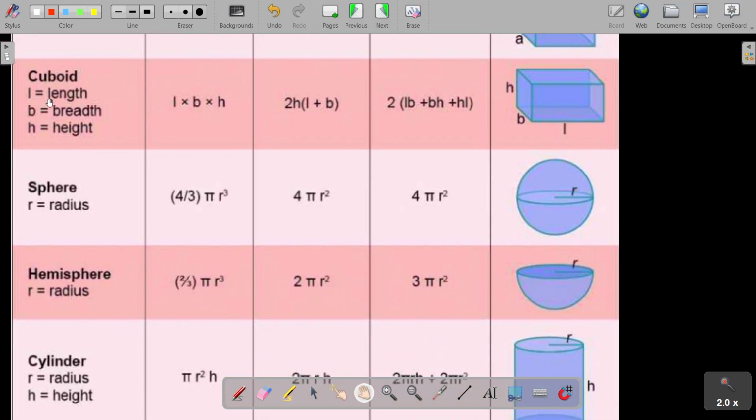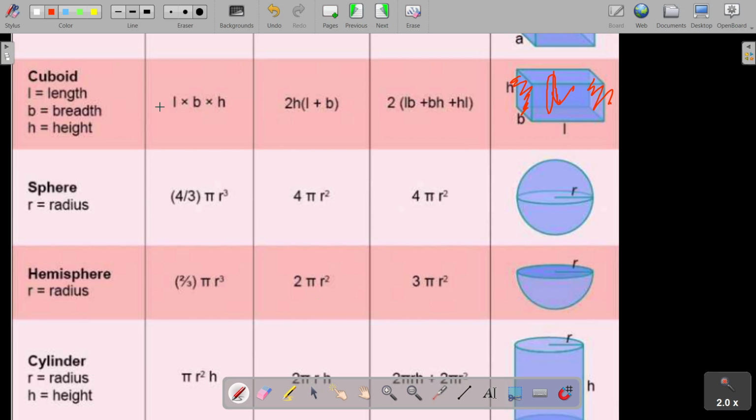Let's move on to the cuboid. Basically, the volume of the cuboid is length into breadth into height, the product of all the dimensions, and curved surface area is excluding these two plates, now we are dealing with it like this.